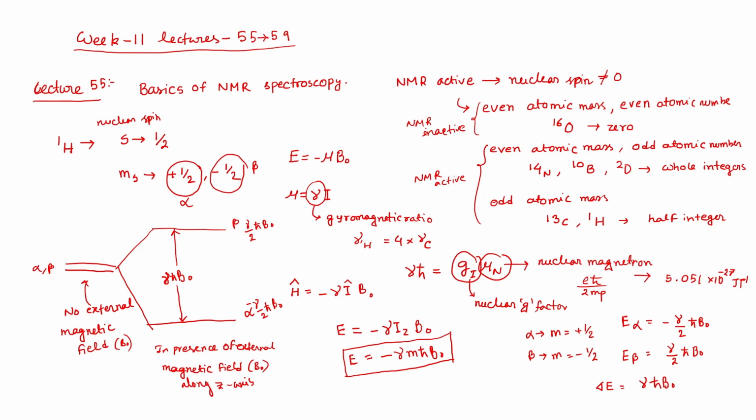Okay, now suppose different atoms have different splitting. We know that for 13C we have something else, so let us discuss only one atom; right now it's proton NMR that we are going to discuss, right? Suppose we have some water.